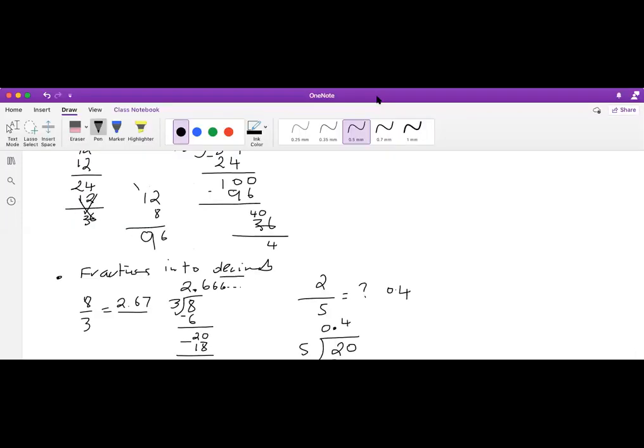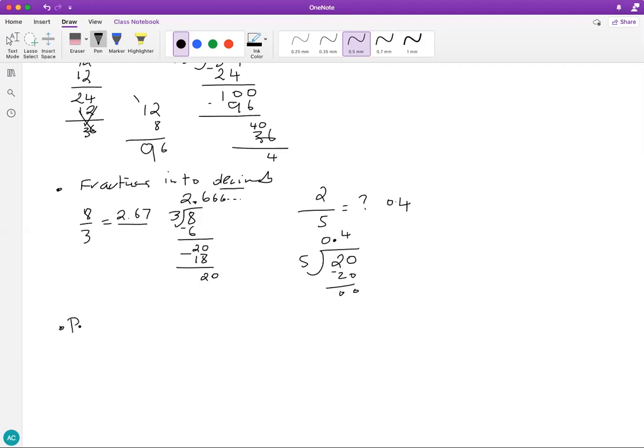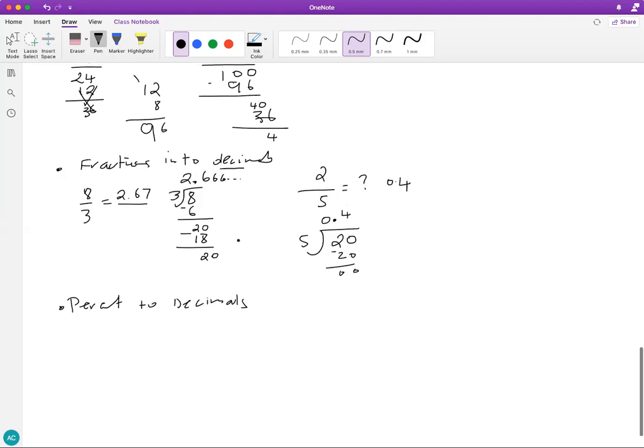One last thing I wanted to mention: percent and decimal. Now we're going to see how to turn percents into decimals and the other way around. It's very simple.